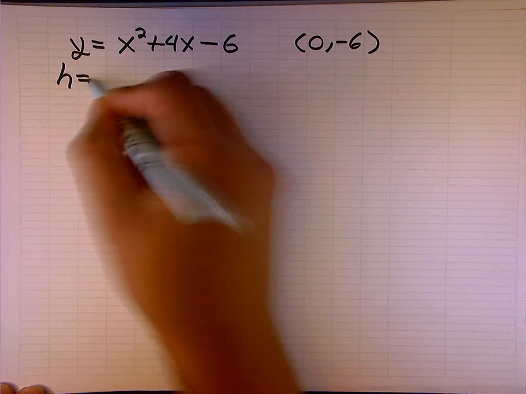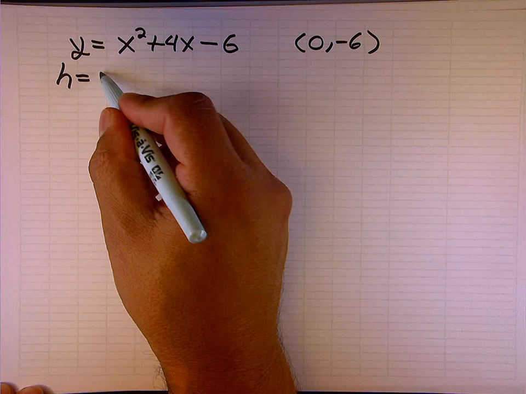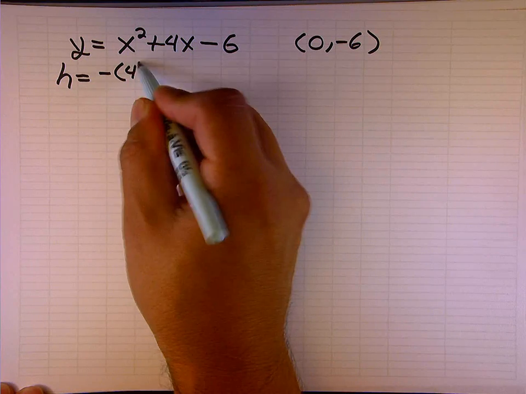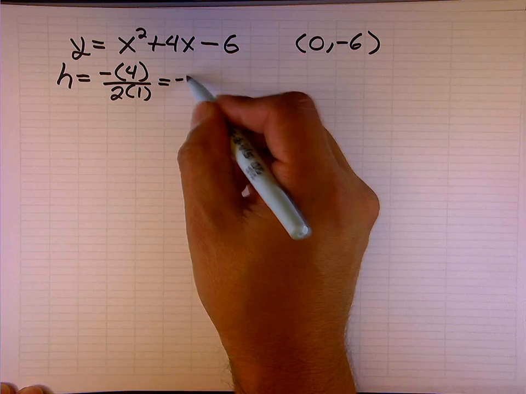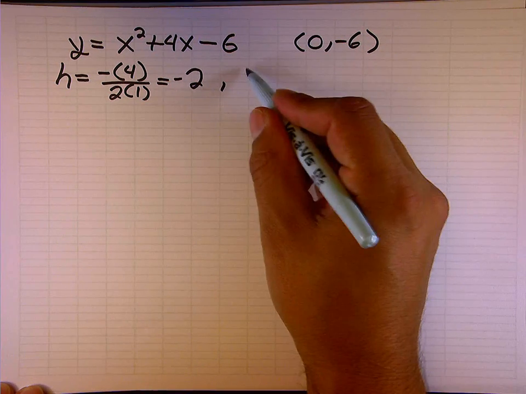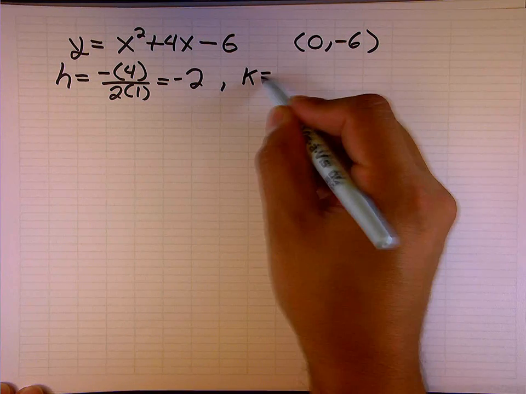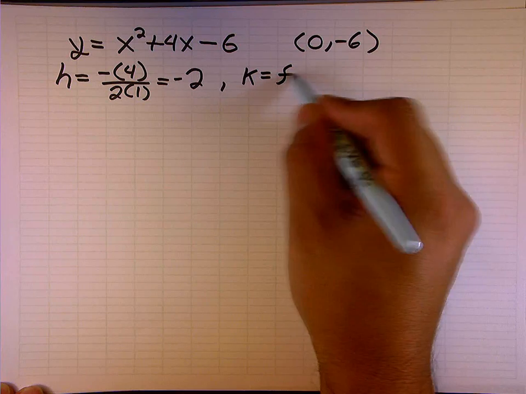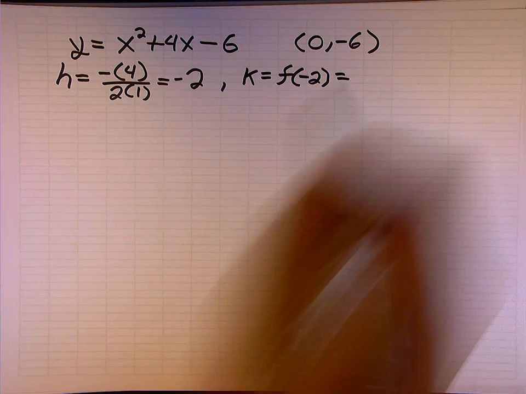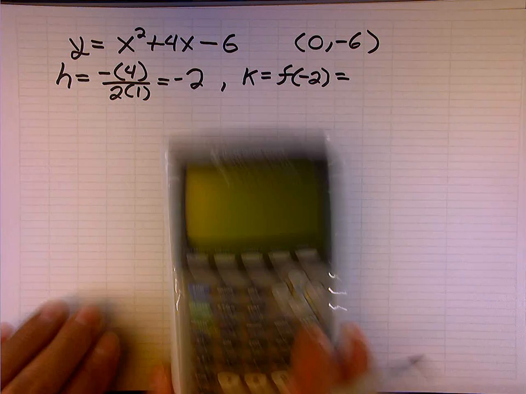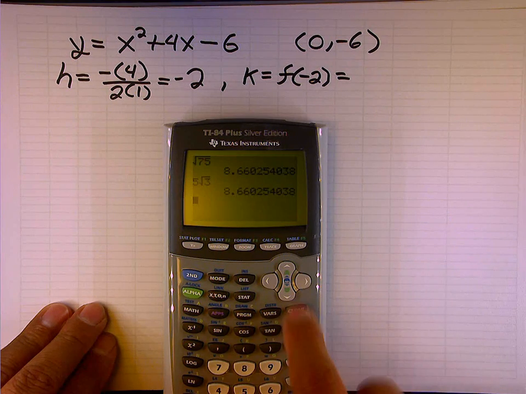So I'm going to start by identifying the vertex. You should know that the vertex has an x value of h equals negative b over 2a and a y value that we call k, which we get when we plug in the negative 2 into the formula.